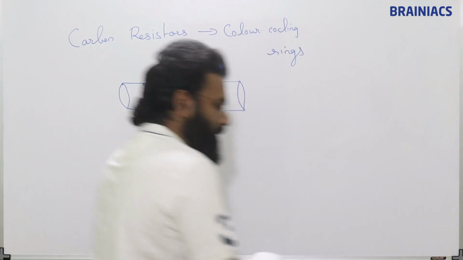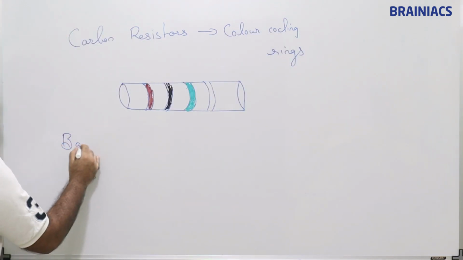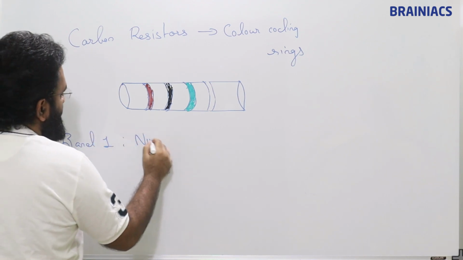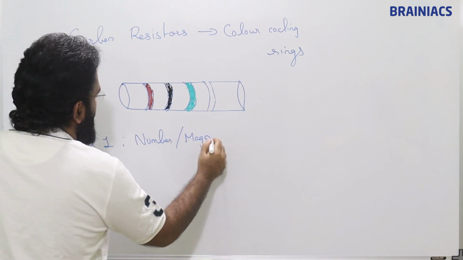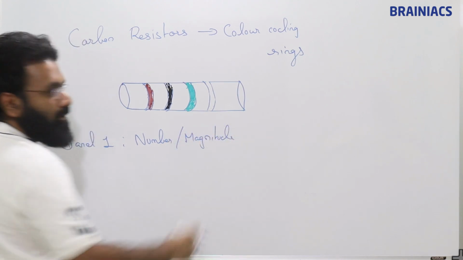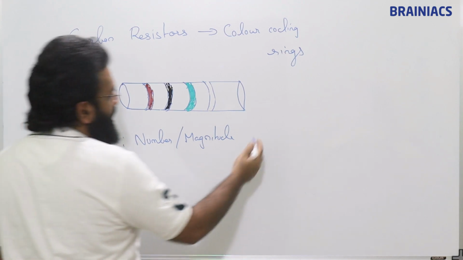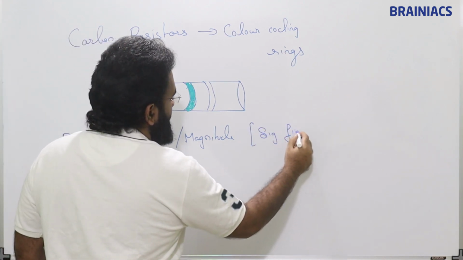So band 1 will be a number, or magnitude, like 3 or 4 or 5, a significant figure.